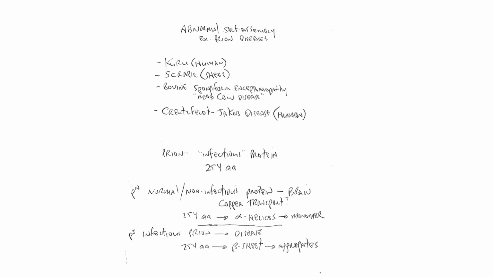So those are prion diseases. And so let me just tell you a little bit about what they are. They're referred to as infectious proteins, because if you ingest it, you end up getting the disease. So the prions are pure protein. There are 254 amino acids, and there's no known infectious agent that is only pure protein.